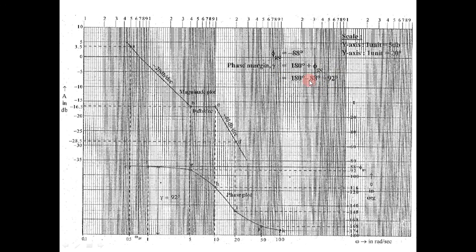We got plus 90 degrees, so this condition is also satisfied. Since we can't find omega pc, we can't find the gain margin. Since out of three conditions, two conditions are satisfied, we can say that the system is stable. So this is the stability analysis with respect to the Bode plot. Thank you.